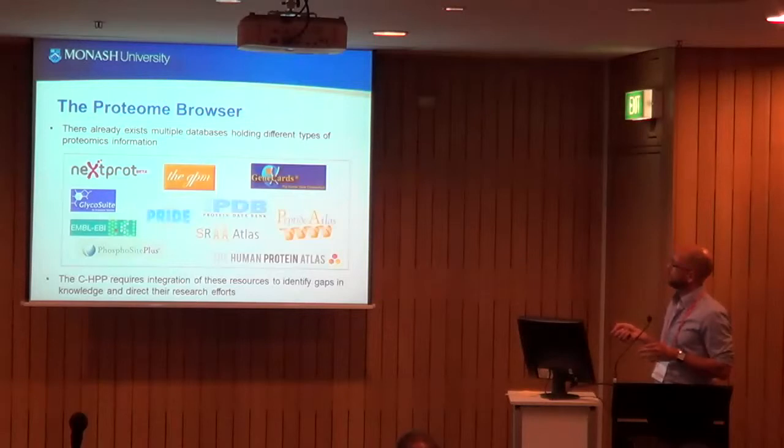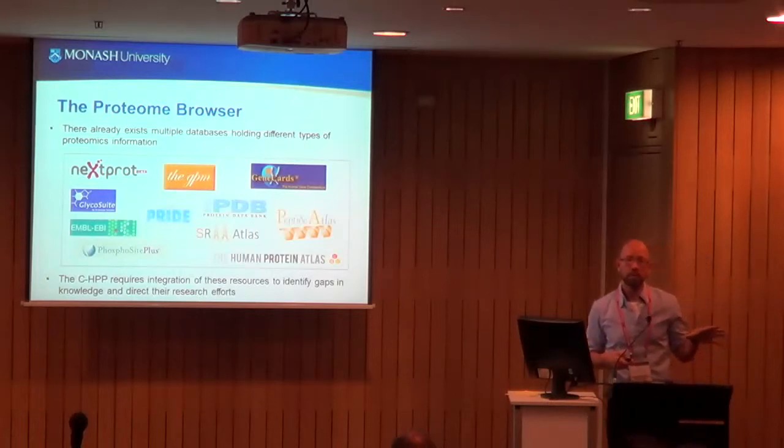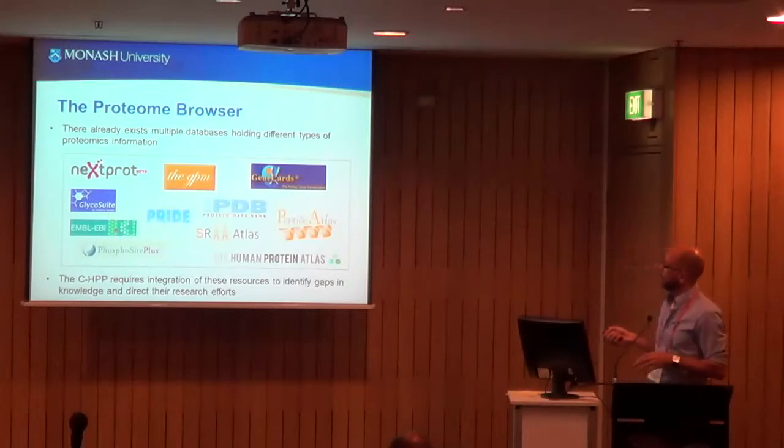GPM, same deal. It's a sort of global community effort that is aggregating data about proteins. GlycoSuite has information on the glycosylation, which is the attachment of those sugars. PRIDE and the Protein Data Bank hold structure information.